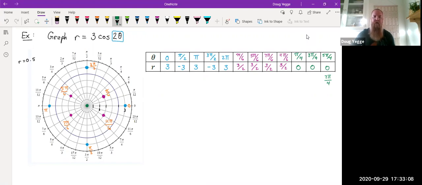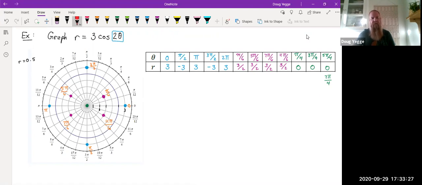So now we've got to start thinking about, as we move through, I've plugged in the values of 0, pi over 6, pi over 4, pi over 2, and so on. And when I've gotten these values, I'm going to start connecting the dots as I go around.